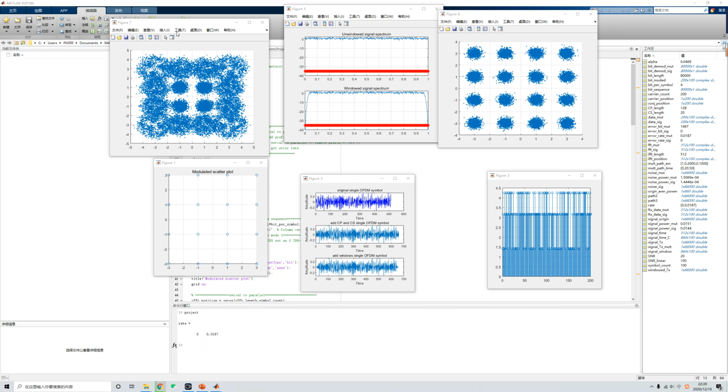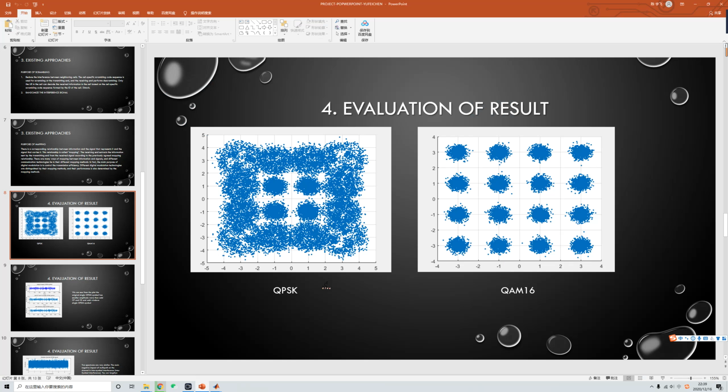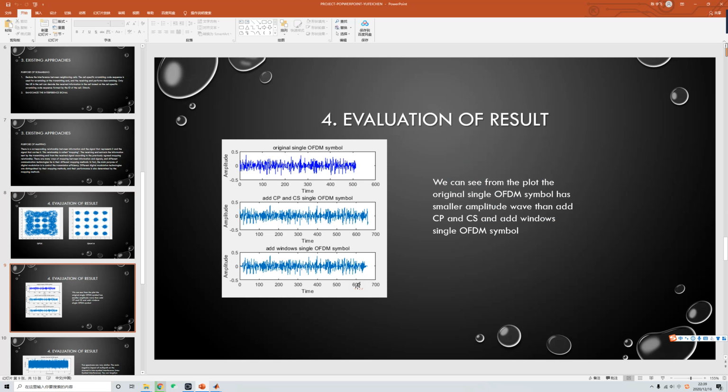Back to the PPT. There are two parts: one is the QPSK method, and another one is the 16QAM method. I also compare the original single OFDM symbol to the OFDM symbol with CP and CS added, and the OFDM symbol with windows added.